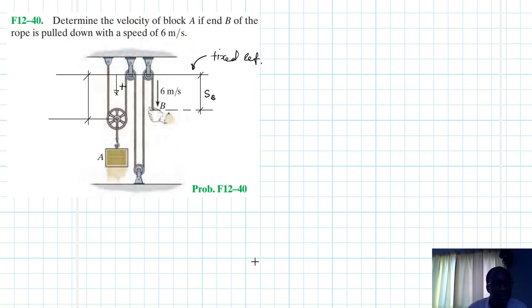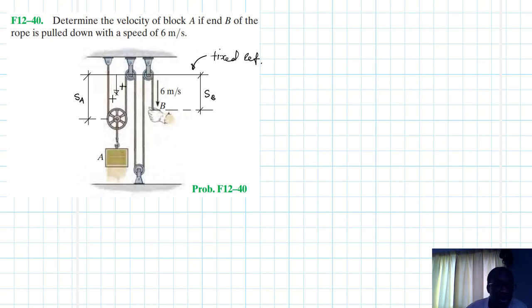Again, we are referring to it from our reference system, so let's call this SA, because this is our particle A.